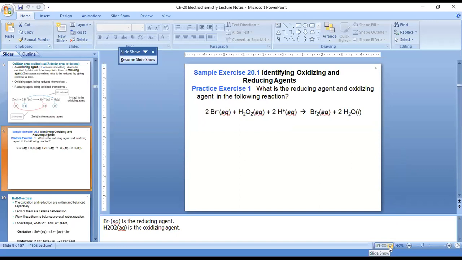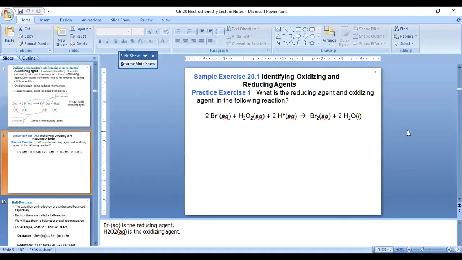We know the reducing agent will be the one that has been oxidized. The oxidizing agent is the reactant that has something been reduced.